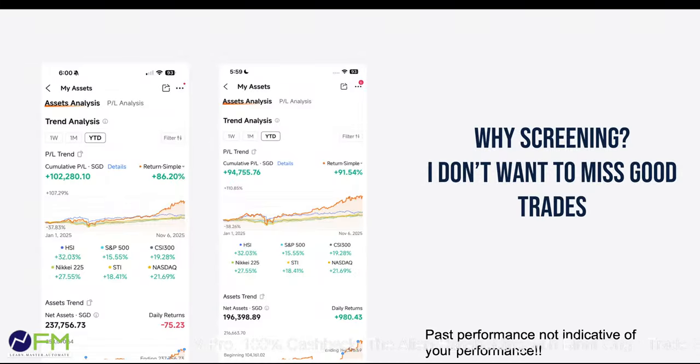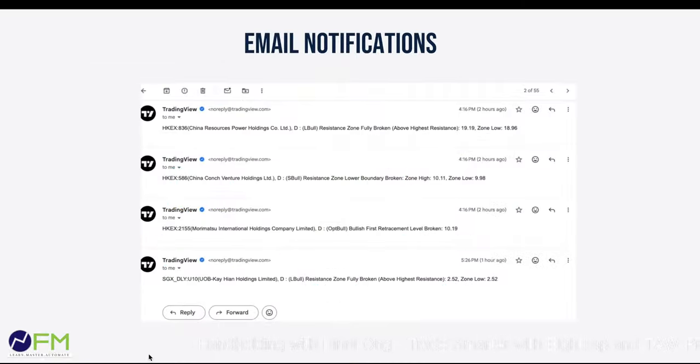Again, this is a real account. This is real money. And the past performance, whatever you see here, will not be an indication of your performance.